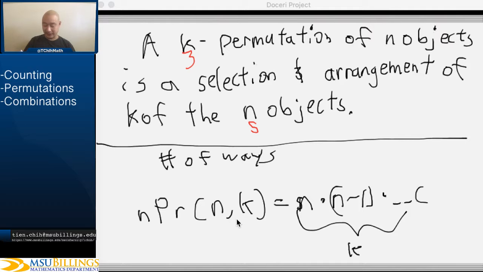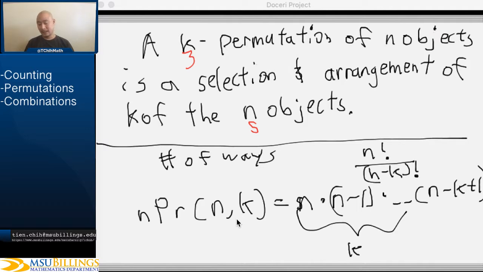So the last value here is n minus k plus 1. Right? And so this whole product here can be simplified to be n factorial over n minus k factorial.